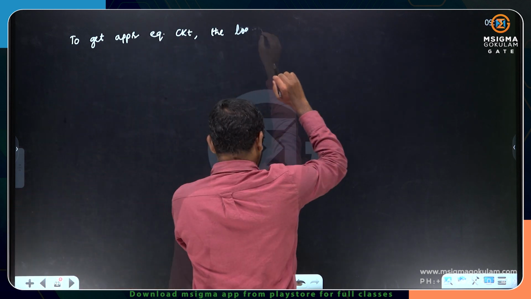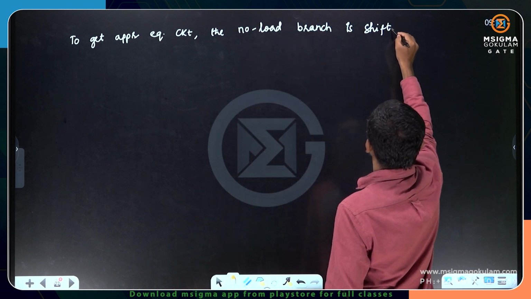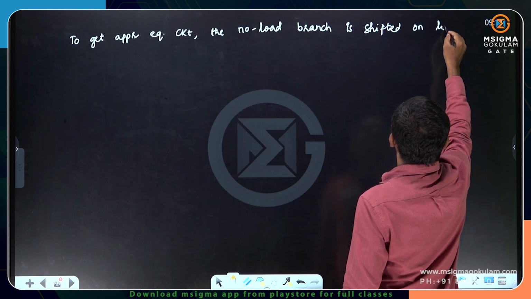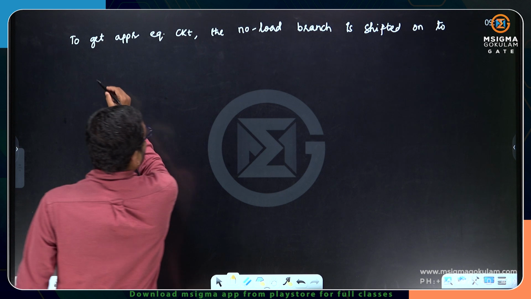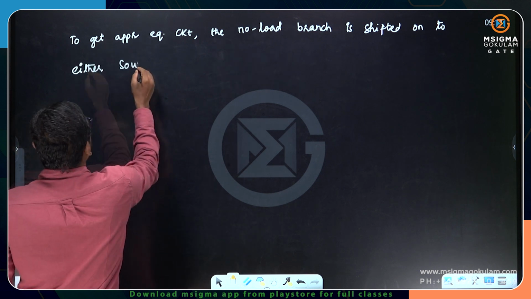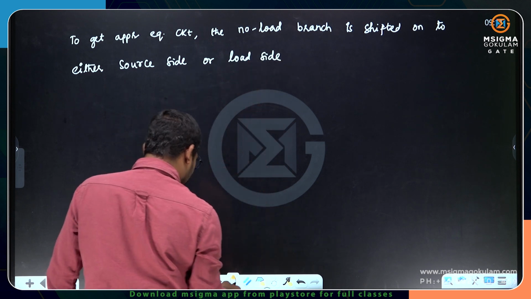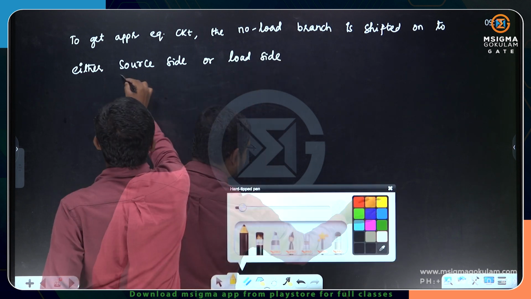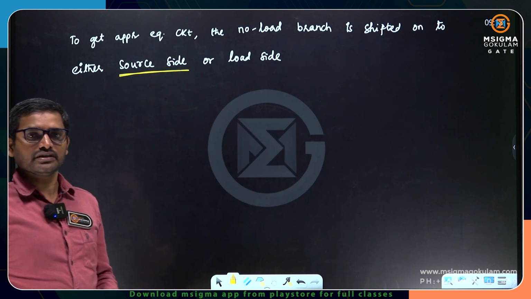The no load branch is shifted onto either the source side or the load side. I am selecting the source side. I wanted to transfer the no load branch parameter onto the source side.